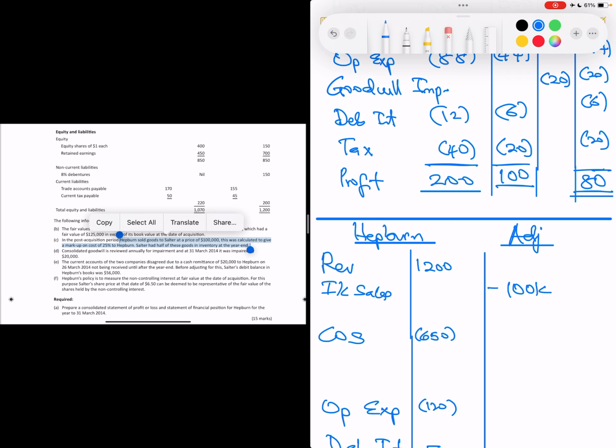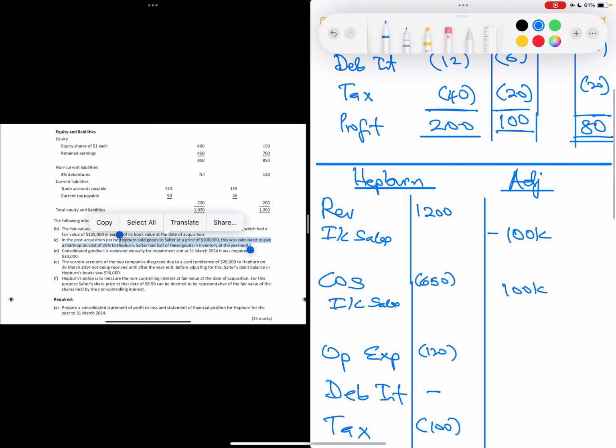You need to take away the effects of that transaction amongst the group. So we're going to deduct that 100K from the revenue, and we're also going to take it away from the cost of sales. Because it's in brackets already negative, that's why I'm not putting negative here again. So please take note. I don't want you to get confused. Right? So our revenue will be 1,100 with that.